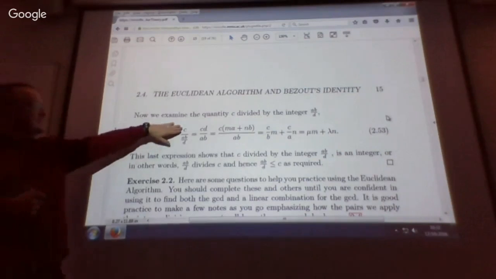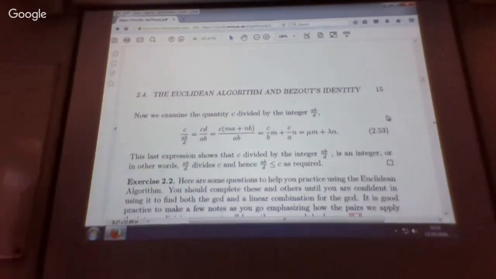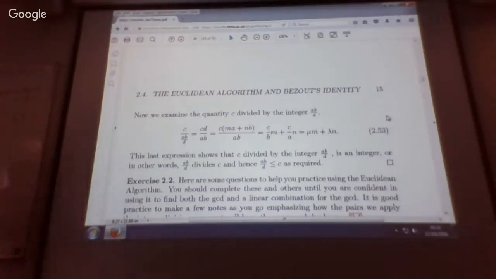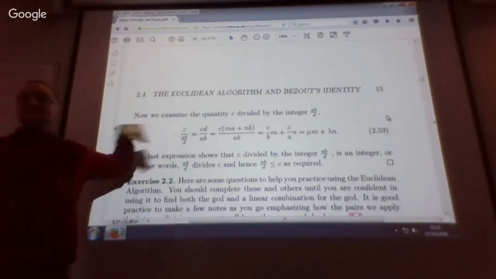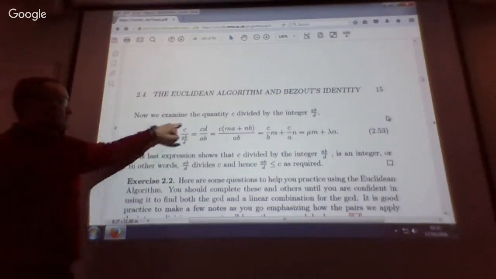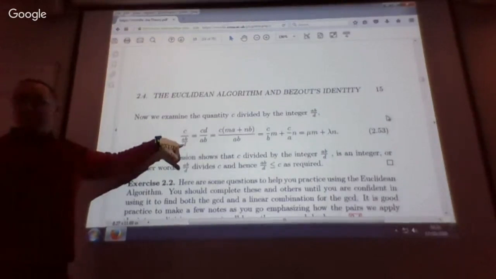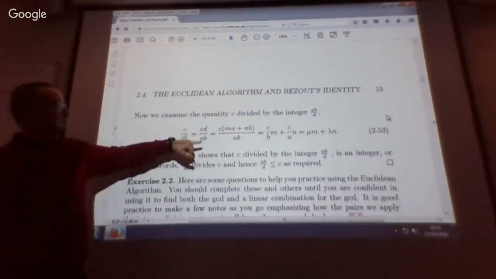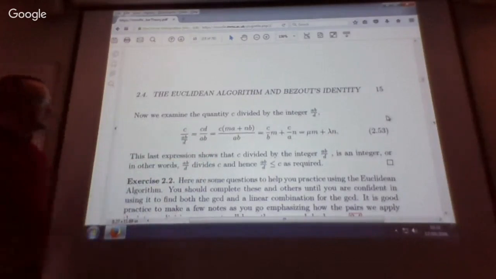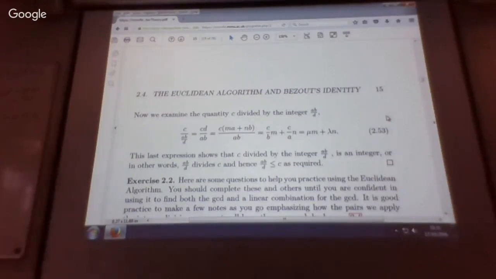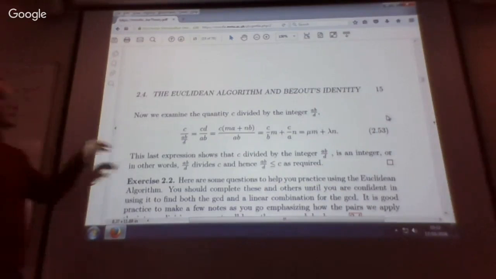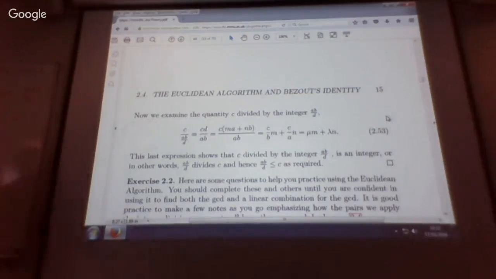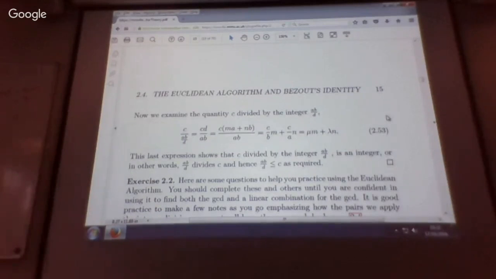Now I'm looking at C divided by it. So my task here is to show that this is an integer. Okay. Obviously, it's a rational number automatically, so it's a fraction of integers. If you take the D above the line, it becomes CD over AB. But if I can show that that's an integer, then I'll have shown that AB over D divides C, in the sense of our definition at the beginning of chapter 2.